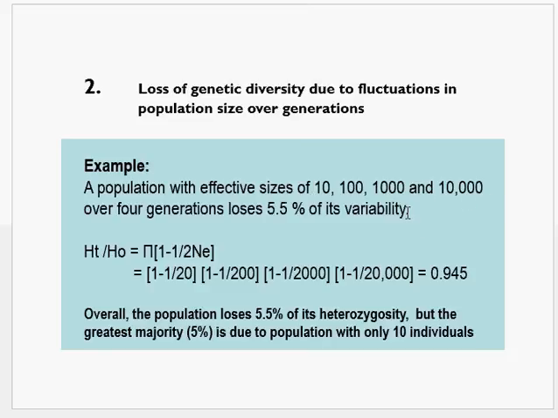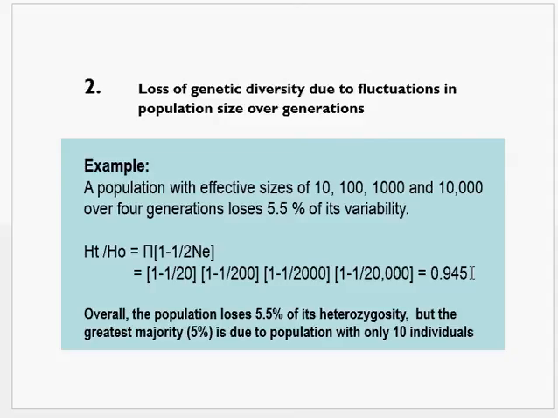We can calculate the amount of genetic variation remaining after 4 years by summing up all the changes in effective population size, and it gives you 0.945 of the total genetic diversity actually making it through these 4 generations. Okay? But the loss of the genetic diversity is greatest when the effective population size is smallest.